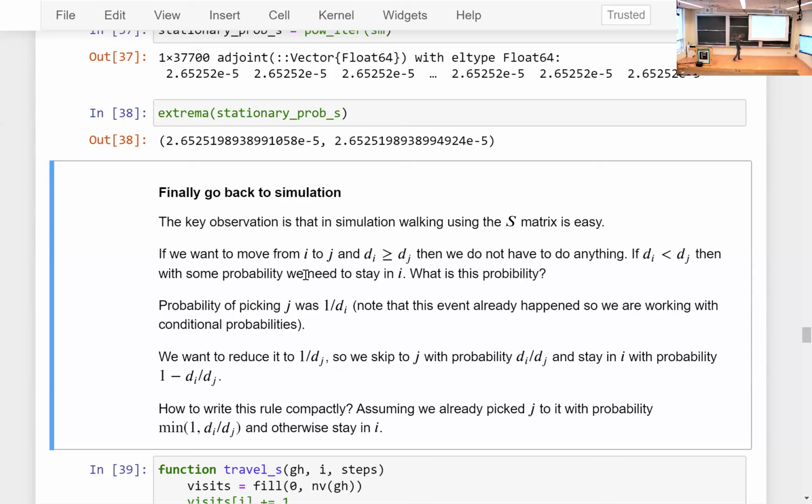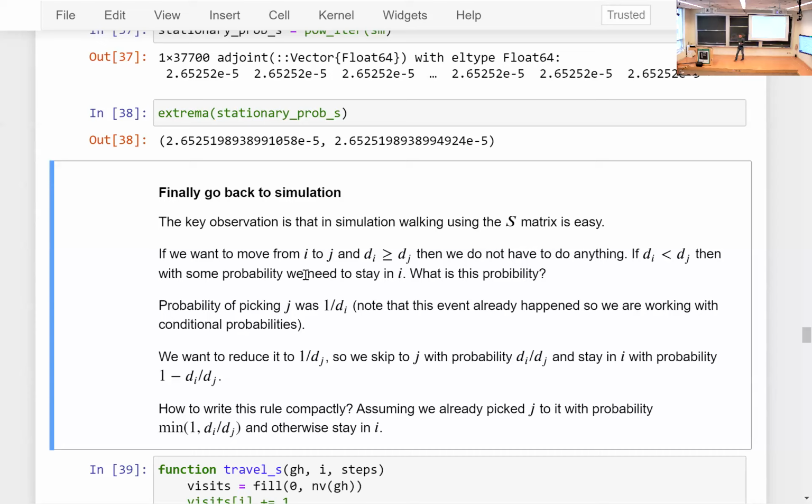And because the probability of picking j was 1 over d_i, and I want it to be 1 over d_j, I need to correct with the d_i over d_j ratio, because d_i over d_j times 1 over d_i is 1 over d_j. In the end, it's a very easy rule.